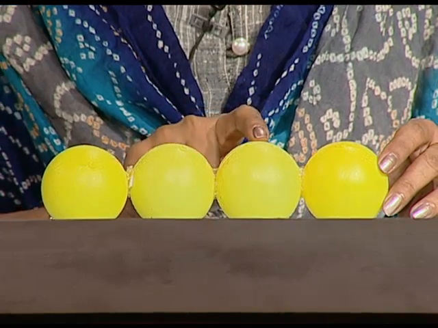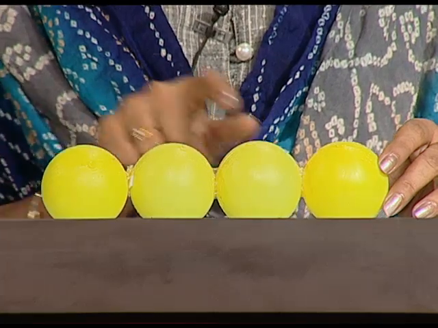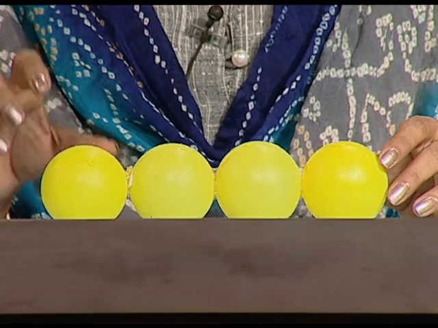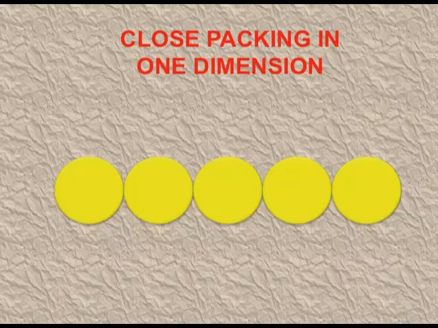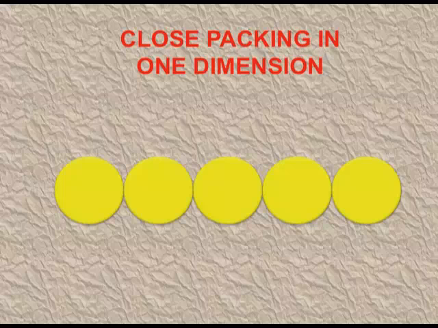Here its coordination number is 2 because it is touching these two atoms. So, in the single dimension or one dimension packing, coordination number is 2. You can see the packing in one dimension. The atoms are arranged in one row.